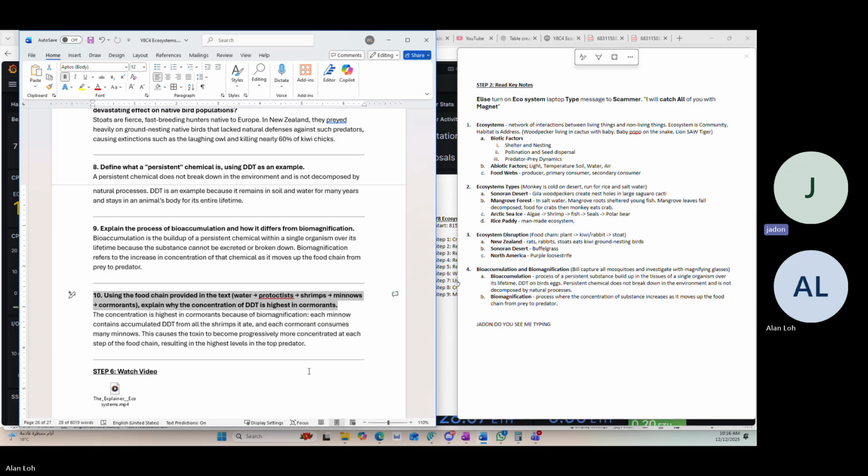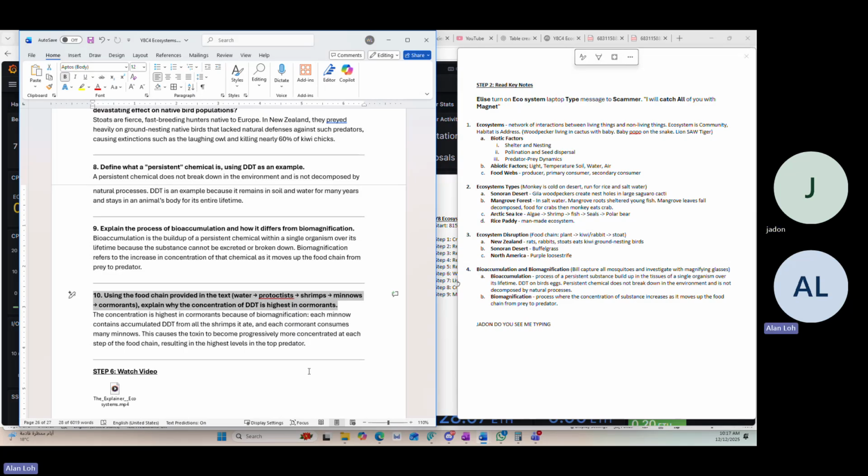The shrimp must eat a lot of phytoplankton to become full, and then it is eaten by minnows. Shrimps are quite small compared to minnows, so the minnows have to eat a lot. There's higher concentration, and it doubles the amount every time we go higher up.